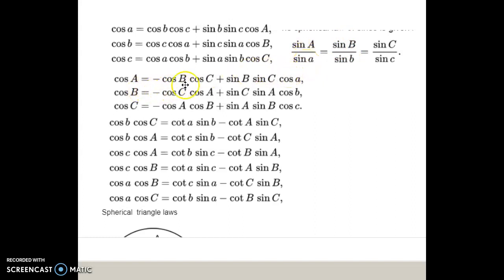Next, here's another case. You know two of the big angles, the wide ones, and then one of the small ones, A and B and C. You can find big A. Other ones are similar, just using the same thing. All these three are the same.